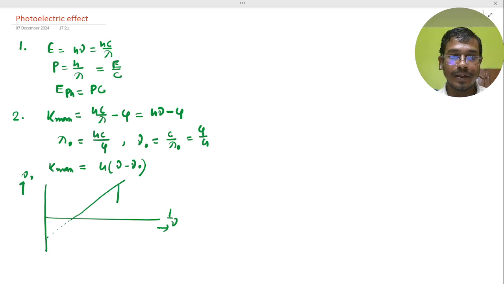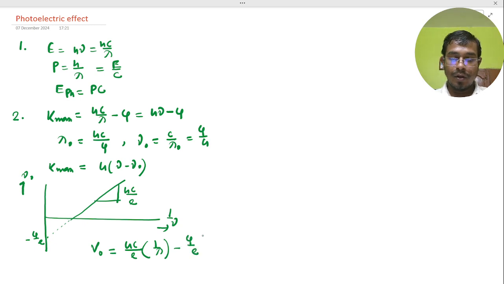The slope would be hc by e, and this intercept is phi by e. So the stopping potential is V naught equal to hc by e into 1 by lambda, minus phi by e.